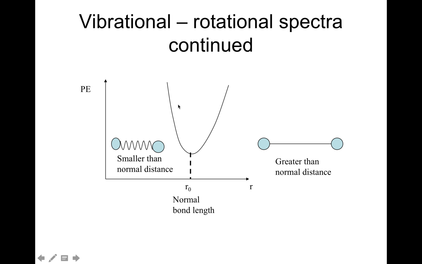Here is the curve, a parabola, where here is the normal bond length, which we are always aware of. That end is when we have greater than normal distance after stretching, and this way we have smaller than normal distance of compression. Potential energy that way, and distance of separation this way.